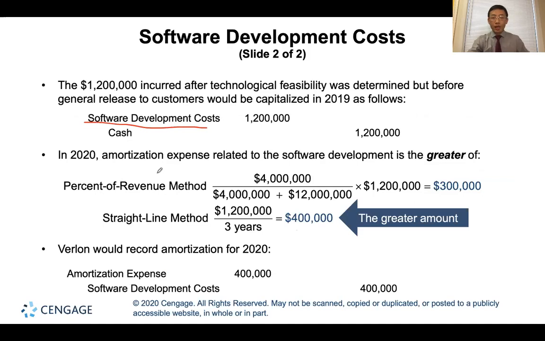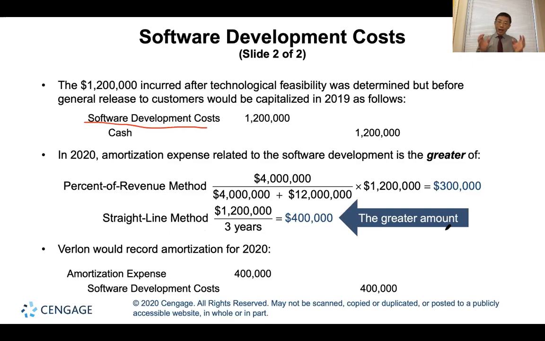And then the amortization will use a principle: the percent of revenue method versus the straight line method, whichever is greater. So we will choose the greater amount. That matches the conservatism principle.